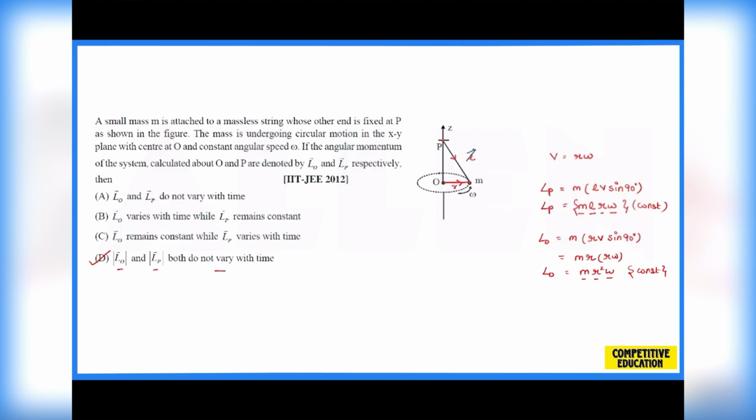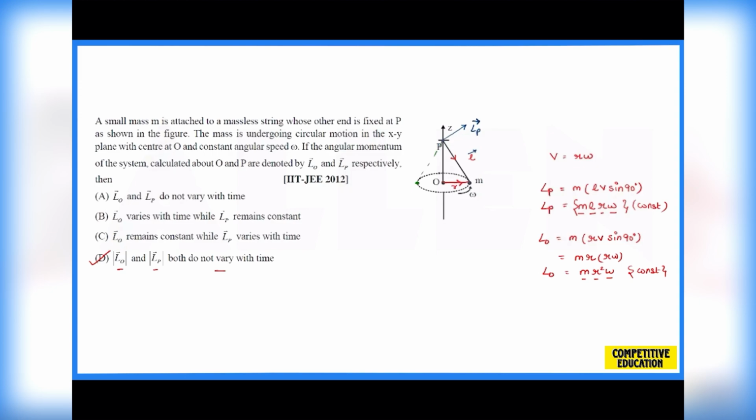For calculating the direction of the L_P vector, I can use the right hand thumb rule. The velocity is inside the plane of paper, this is the L vector, so the direction of L_P vector will be like this. This will be the direction of the L_P vector. After some time, let us say this mass has come over here at this point. Now the velocity will be outside the plane of paper, and this will be the L vector.